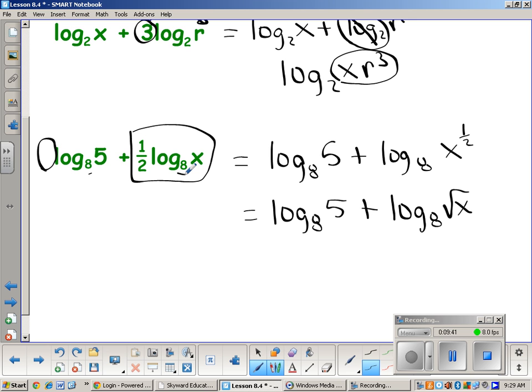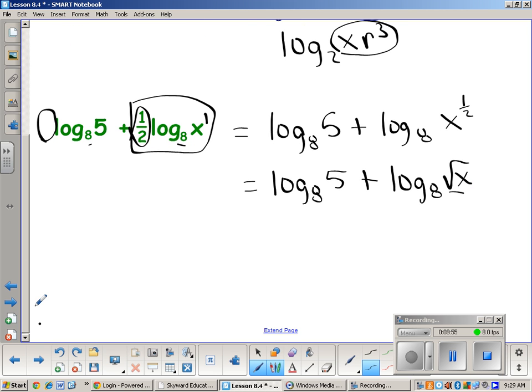I can still move the 1/2 that's out front inside here and write it as a root if I want, like I did over here. But if it was a different base number, then I can't combine them in this next step. In this case, it's not a different base, so we can go ahead and do this log base 8. And since I'm adding, I multiply, so the 5 times square root of x.